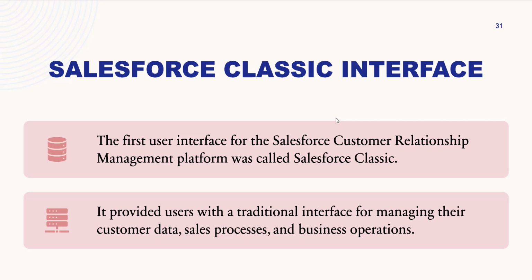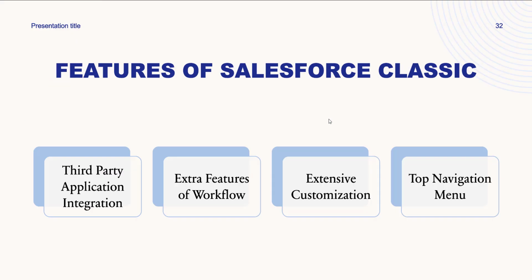The first user interface for the Salesforce customer relationship management platform is known as Salesforce Classic. In simple words, you can say that it is the older version of the Salesforce user interface. It provides the user with the traditional interface for managing customer data, sales processes, and business operations also.